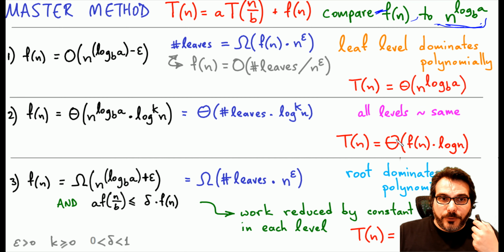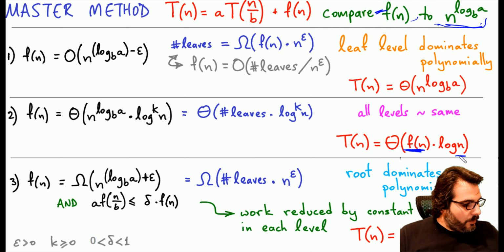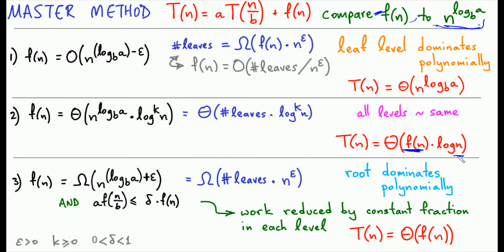So you analyze and you end up with either, for case 2 for example, you multiply f of n with log n. For other cases, if the root dominates, then you take the root into the theta notation, and if the leaves are dominating, you take theta notation of the number of leaves.